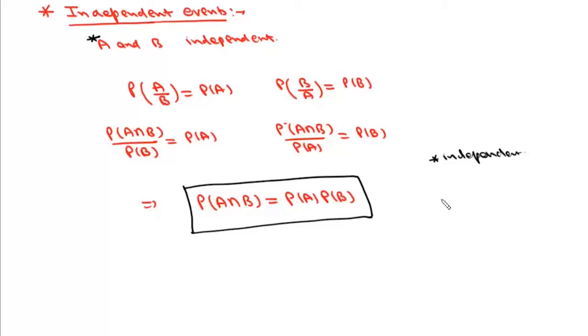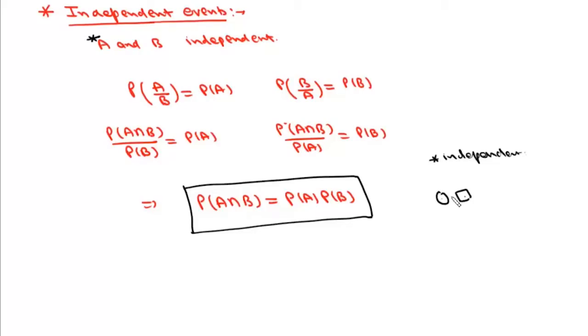Say for example, if we toss a coin and a die, the outcome on the die is not going to impact the outcome of the coin. So in the questions, either it'll be given these events are independent, or you have to use your rationale to establish the fact that the given events are independent events.